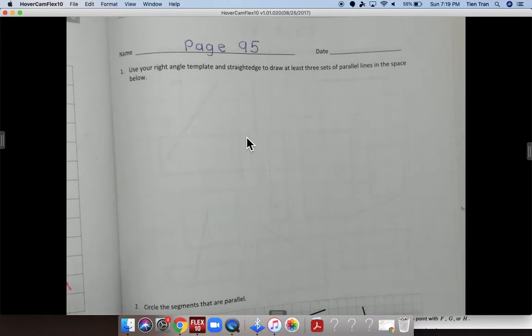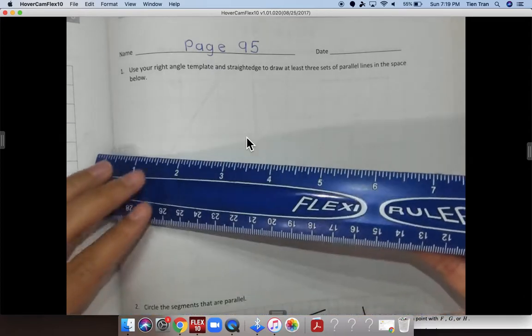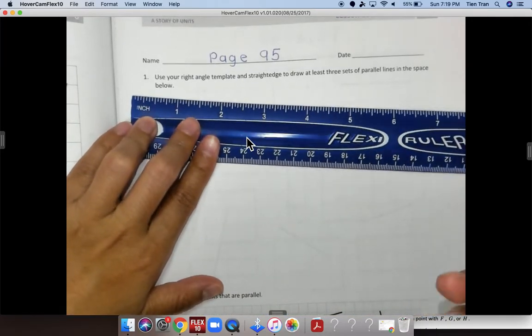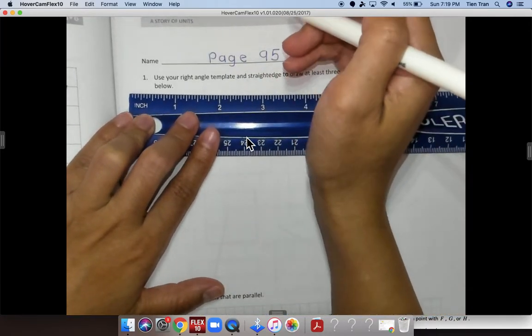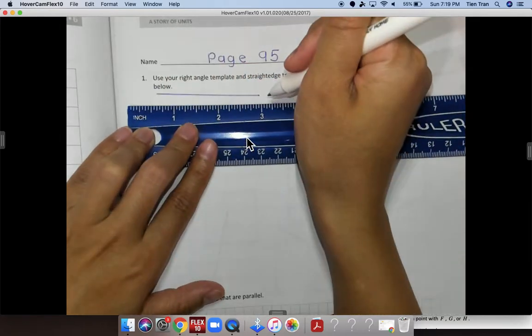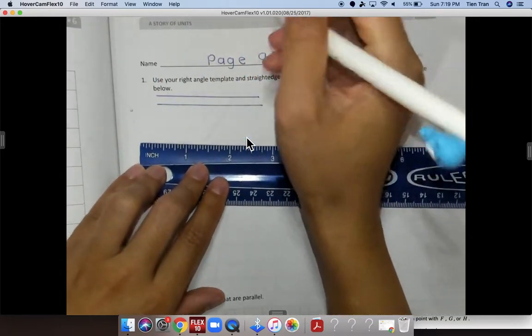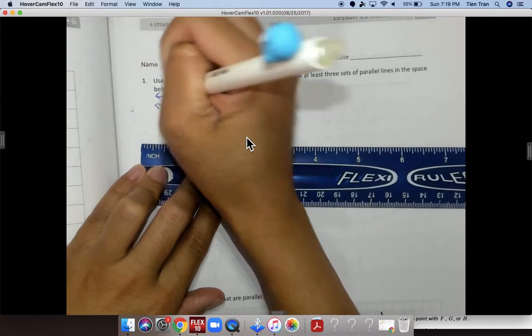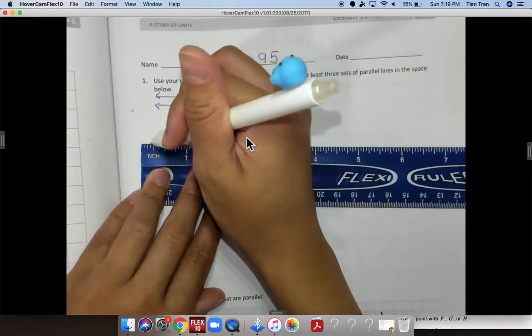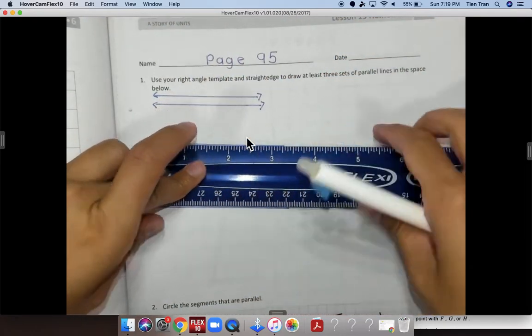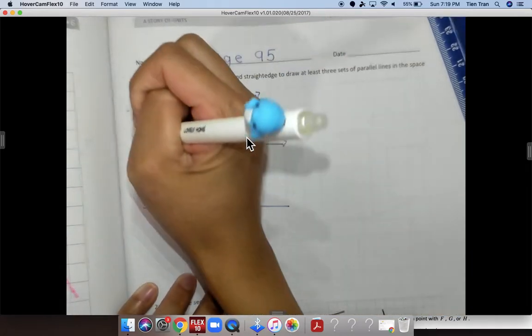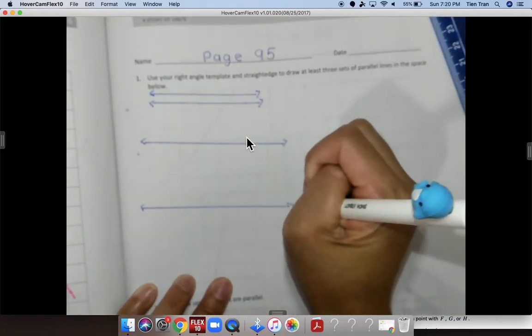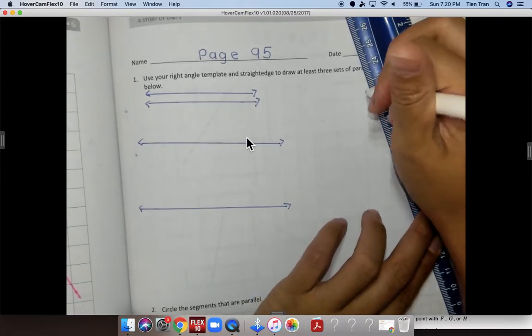So I'm going to draw a few more, just like what we did in the problem set. I'm going to do the same thing here. So I'm going to draw a straight parallel line, super close together. One that is super wide apart. Another one that is slanted.